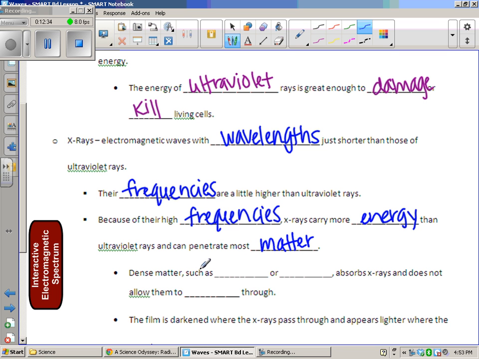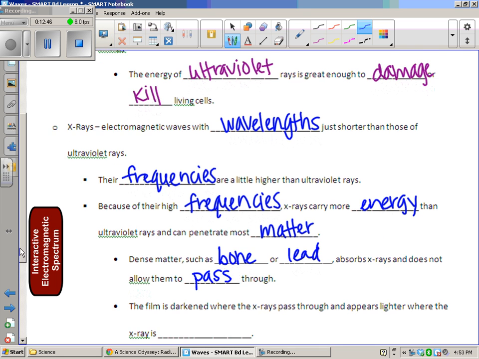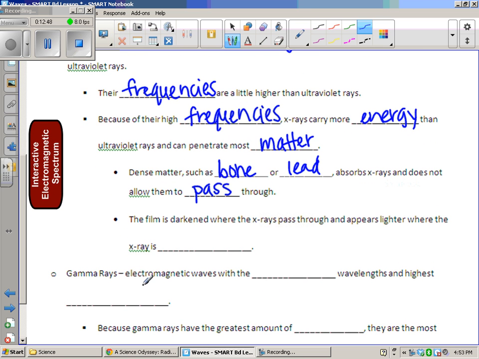Dense matter such as bone or lead absorbs X-rays and does not allow them to pass through. The film is darkened where the X-rays pass through and then appears lighter where the X-ray is absorbed.